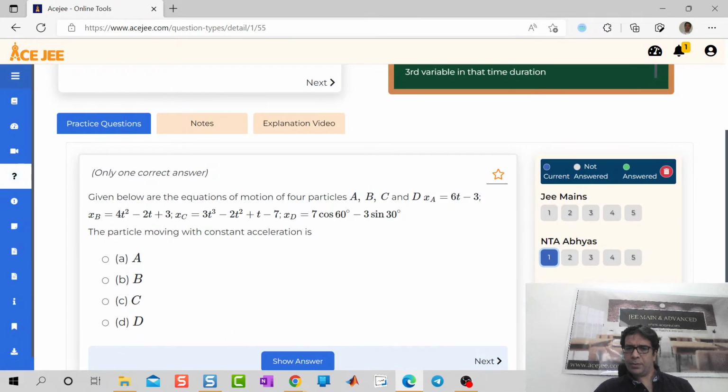Sir, B. Sure. What about A, by the way? Even though, of course, it's not given to be the answer in this case, what will be the acceleration of A? 0.